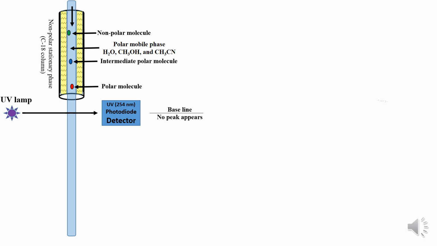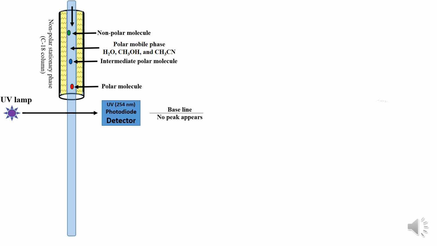Now before the components elute out of the column, the detector receives the radiation given out by the UV lamp, and therefore you get a baseline.